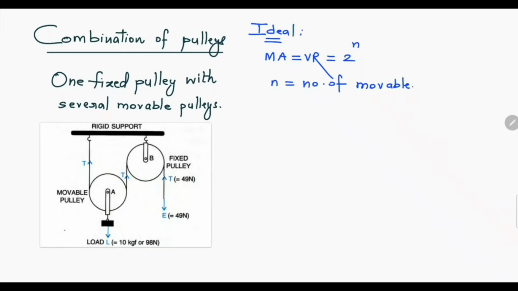So I will write and show you number of movable pulleys. In this particular example, the one which we have in exams, the n is only one movable pulley. So if I substitute this value over here, MA is equal to VR is equal to 2 raised to 1. That is why MA and VR both are equal to 2, and automatically efficiency will be equal to 100%.